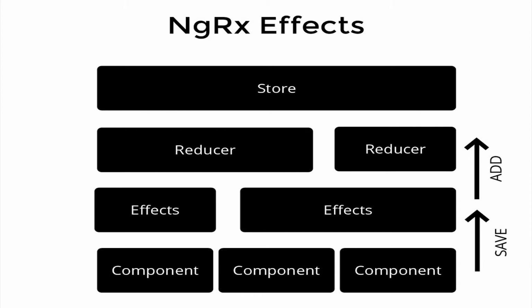From your component, you would pass an action to the effects, and after they make the call, the effects would pass the data to the reducer, and then manipulate the state of the application. And you can have effects across components, the same way as reducers, it's just manipulating state.